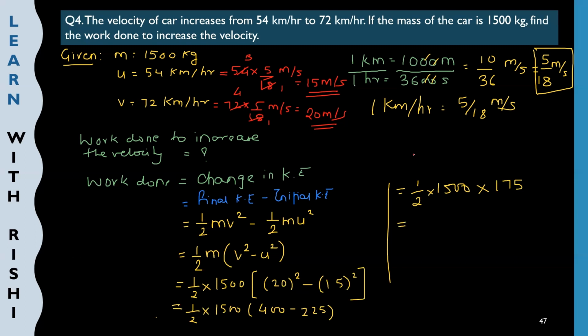Now if we divide it by 2, 2 ones are 2, 2 sevens are 14, 2 fives are 10, 750. This will be equal to 750 into 175. And this we have to calculate here.